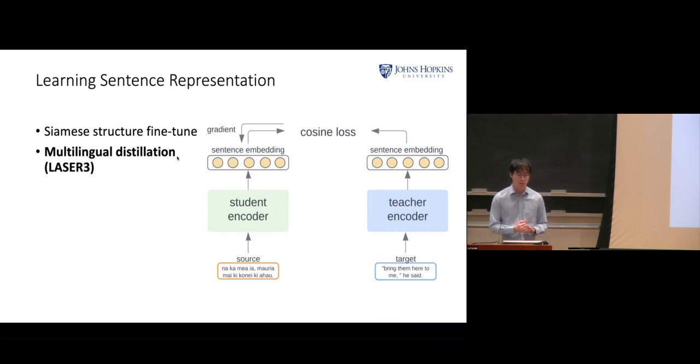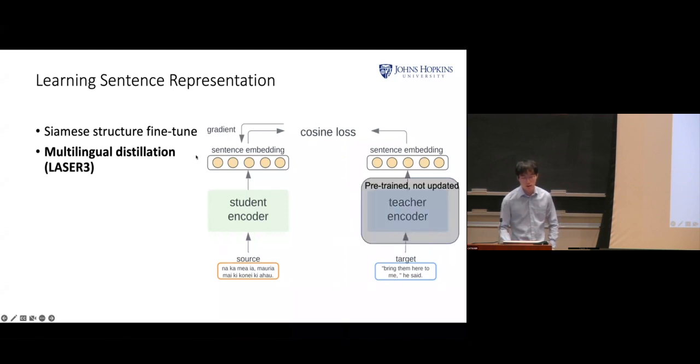So in those cases, we switch to another setting, which is called multilingual distillation. It's very similar, and it's also formulated in a previous paper that proposed the architecture LASER 3, which is shown here. If we have a source sentence and a target sentence, we can rely on a pre-trained teacher encoder, which is normally for high resource languages, such as English in our case, because it has a lot of data.